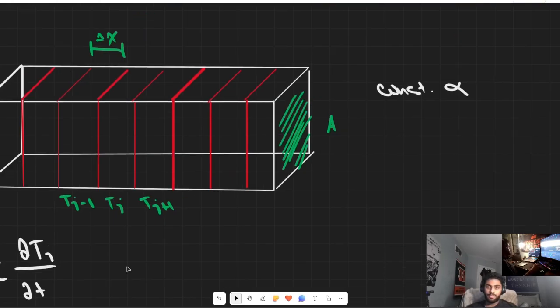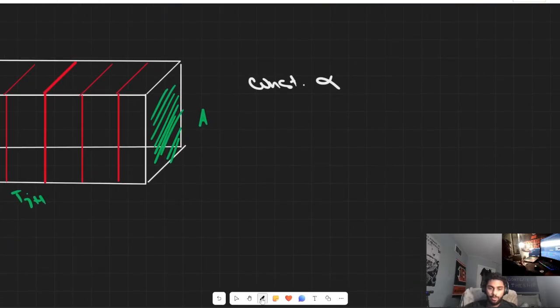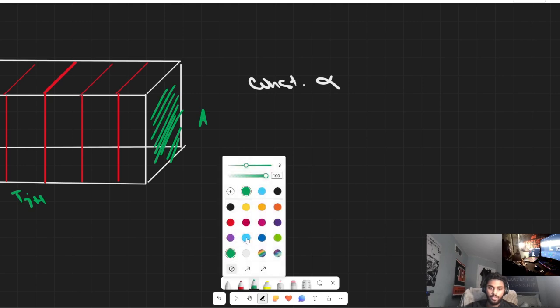Now the other side of this, we can use a very common law in heat transfer, which is known as Fourier's law.